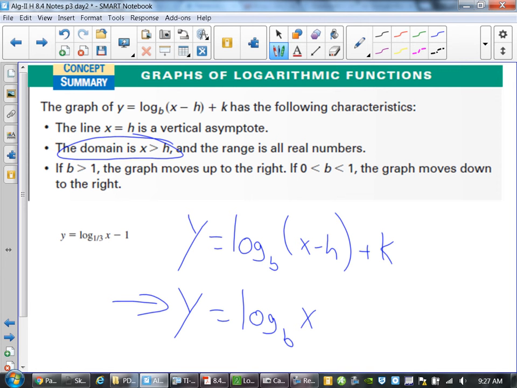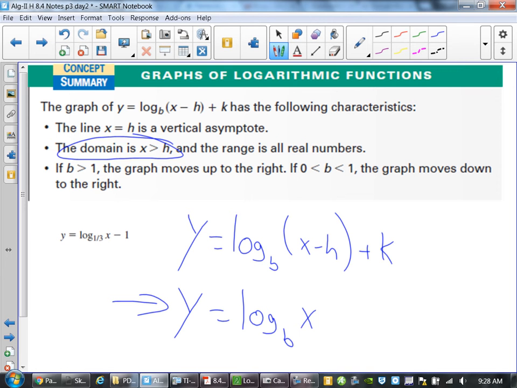The other thing that's nice with logarithm graphs is that you only need 2 points, because if you don't have a calculator, there's only 2 points that you're going to be able to get. And that stems back from the original properties of logs, where you had log base b of b is what? One, very good.